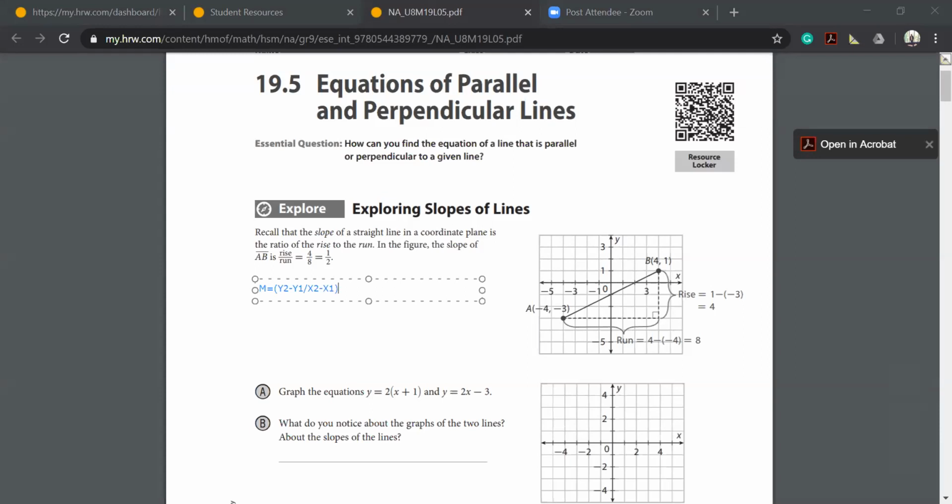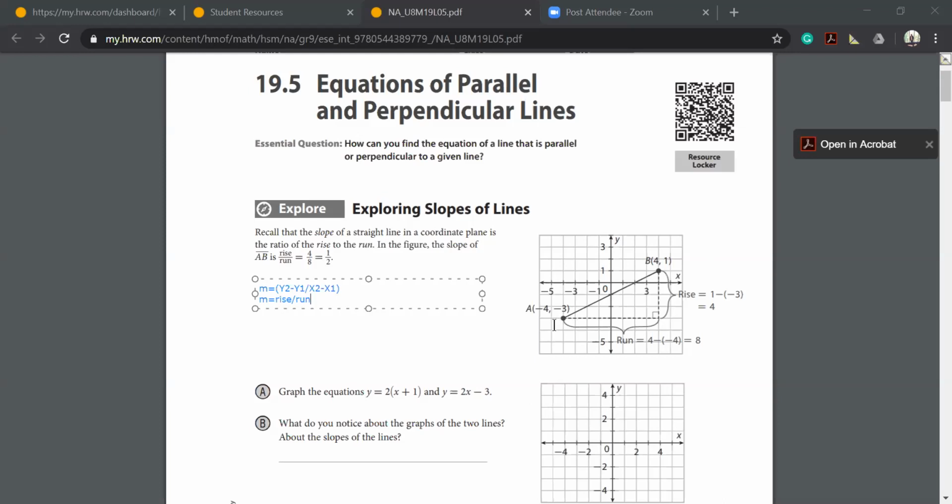Or the other rule for m was rise over run. You remember? Rise over run. You can use whatever you want. If you have a line, you can just get two points and then use the formula or use rise over run. Here he is recalling for us what the rise and run were.